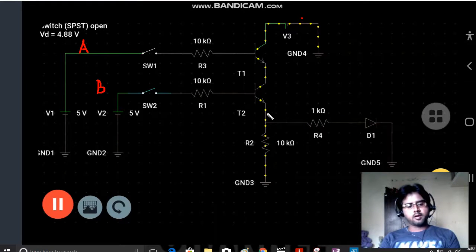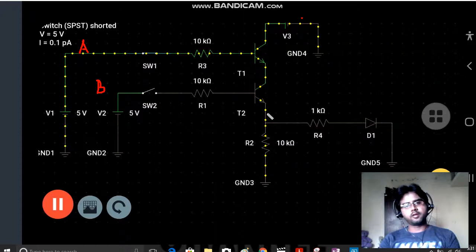Now if I make input A high, I am giving logic 1 here and logic 0 here. At that time, even though this transistor is in on state, it is not getting the ground path from the other transistor.